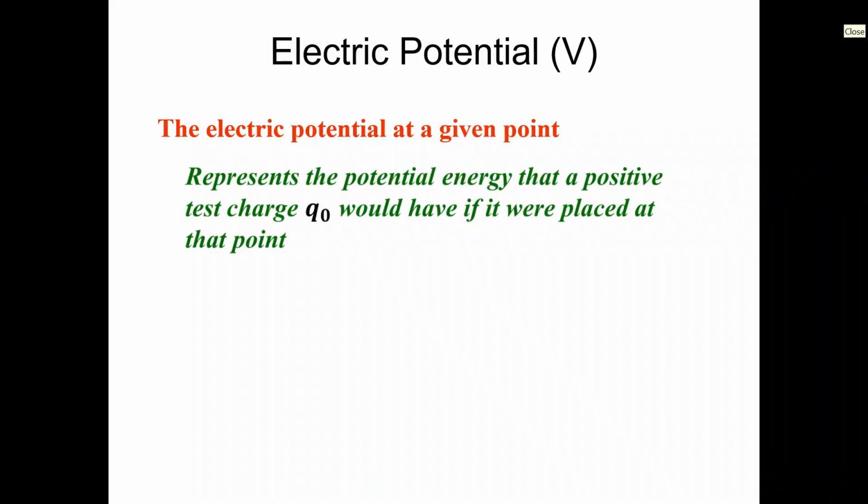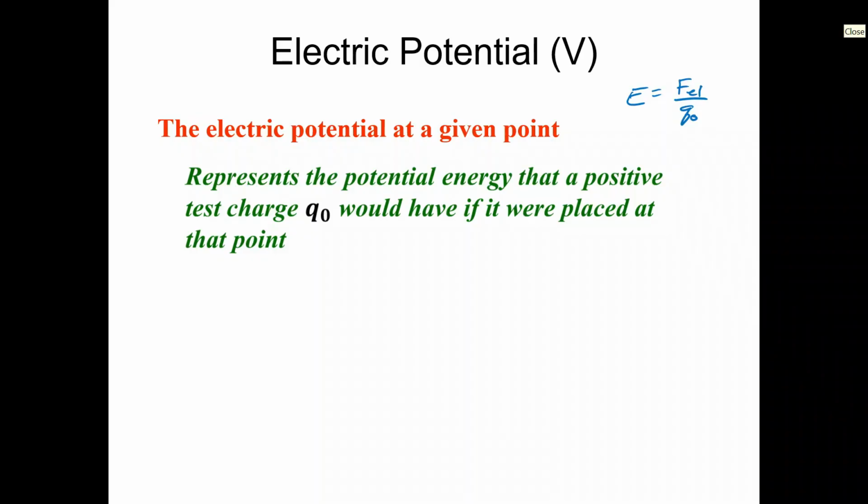So electric potential is a little bit different. It's kind of like the relationship between electric force and electric field. We had that our electric field was equal to the electric force divided by Q0. The whole point was to eliminate the need for a test charge, a second charge. All we wanted to worry about was the source charge.